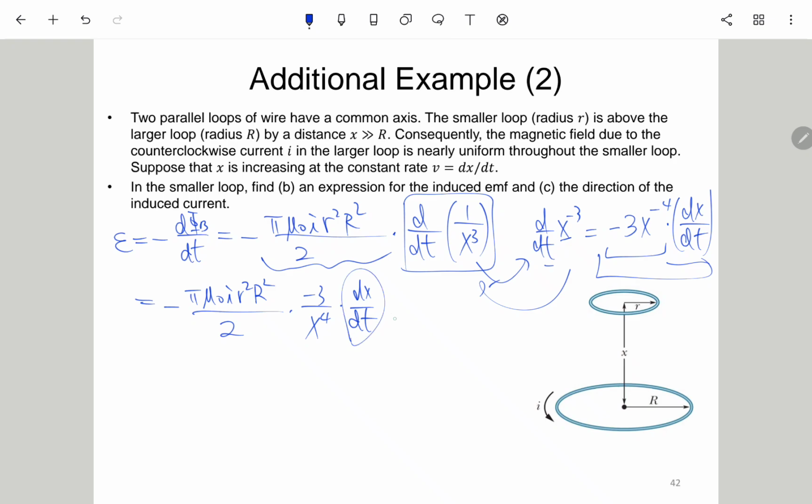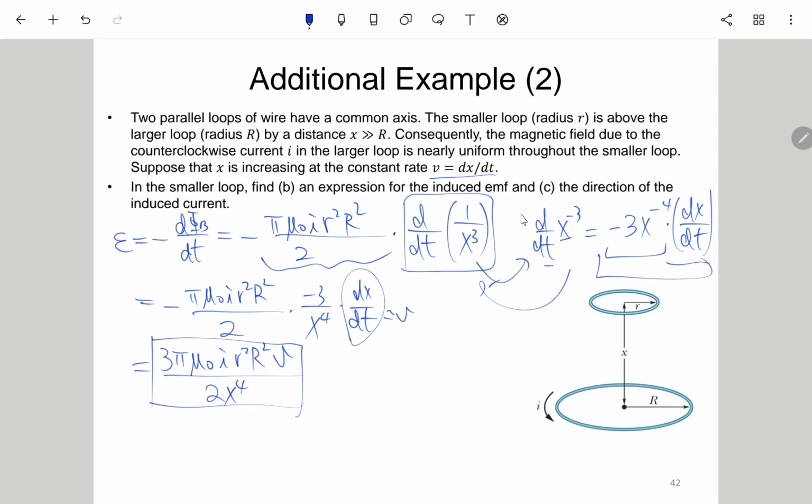And this dx dt is actually v according to the question. Finally we have two negative signs, so they cancel out. We have 3 pi mu 0 I r squared capital R squared v over 2x to the fourth power. This is quite a complicated expression.